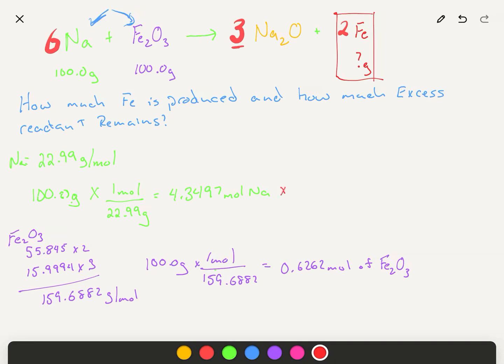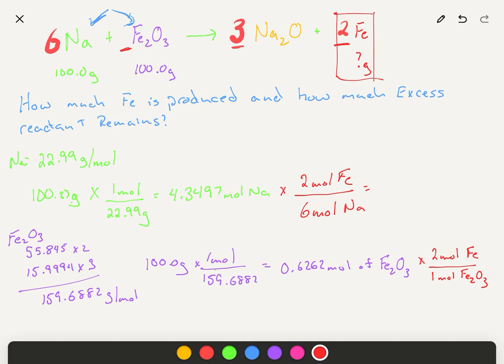So multiply by 2 moles of iron, which I get from my coefficient here, and divide by 6 moles of sodium. And for this one here, I will multiply by 2 moles of iron and divide by 1 mole of Fe2O3.